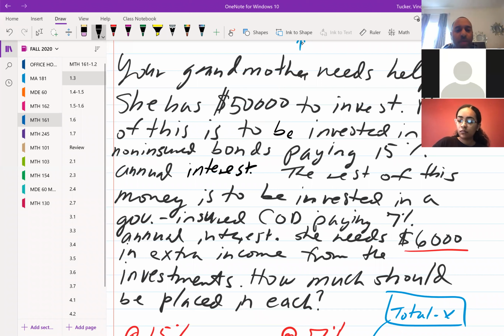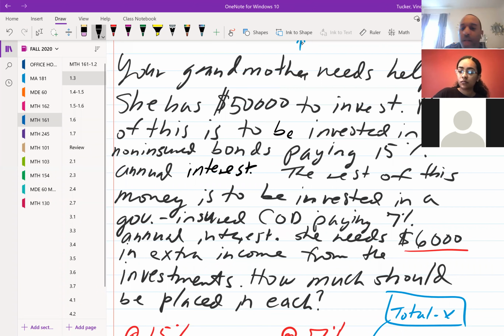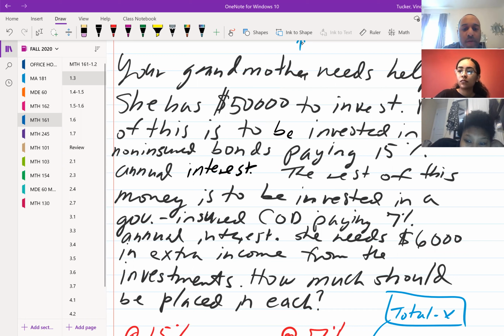The rest of this money is to be invested in a government insured CD paying 7% annual interest. She needs $6,000 in extra income from the investments. How much should be placed in each?